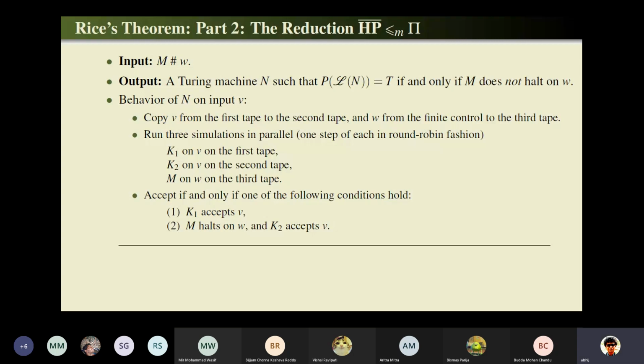So let us see that this output requirement is fulfilled. Assume that M does not halt on W. Then condition 2 is never true.